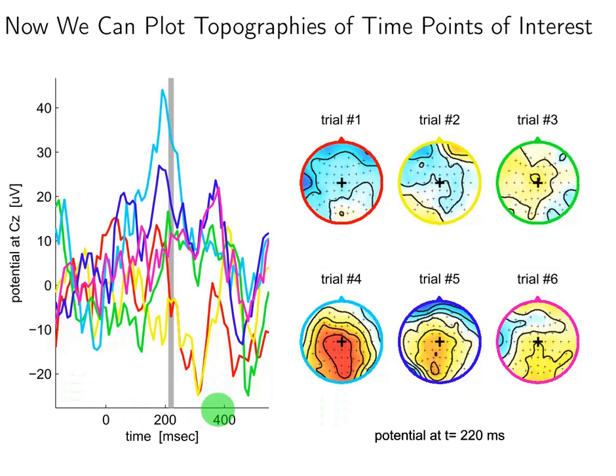In this plot we see data from a single channel, CZ, at the 220 millisecond time point. And then if we map those amplitude values to the following color-coded heat map distribution on the surface of the scalp, where each cross corresponds to a channel, we can see different distributions. Trial 1, 2, 3, 4, 5, 6.